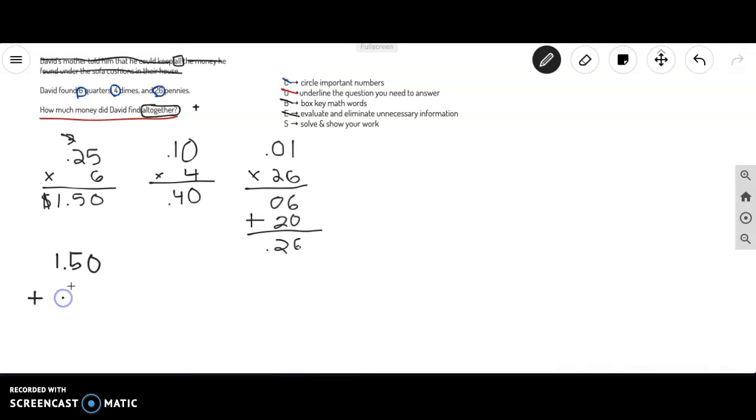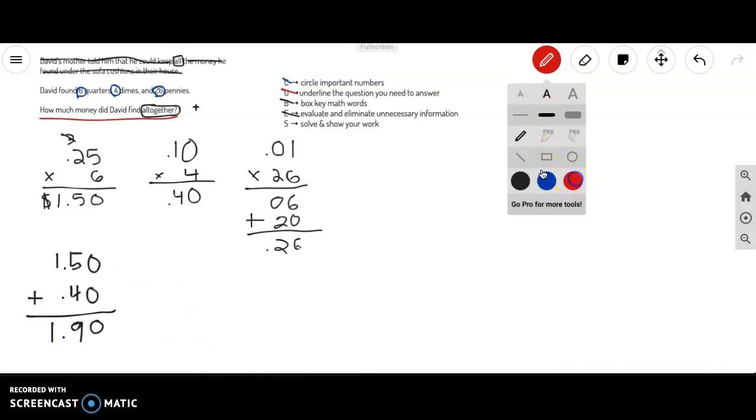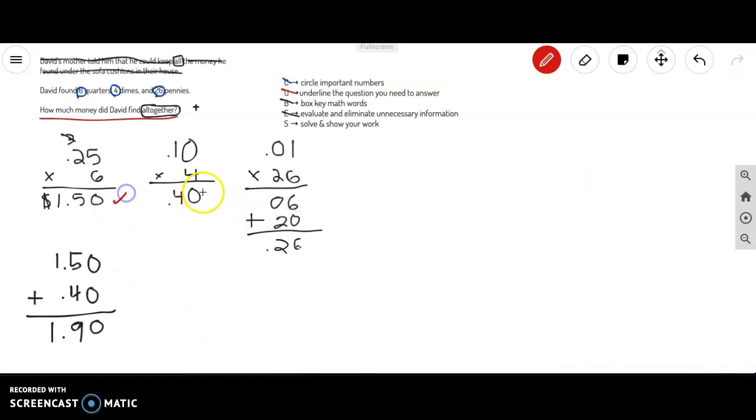So we're just going to do this step by step by adding the dimes to the quarters first. 0 plus 0 is 0. 5 plus 4 is 9. Bring down my decimal because I've lined them up, bring down my 1. So $1.90. So we've added this and this. Now we're adding our 26 cents.